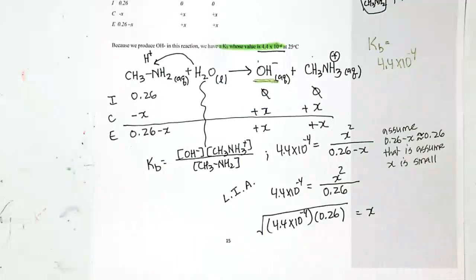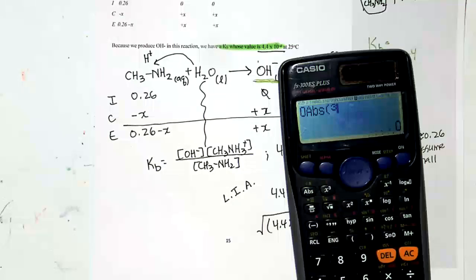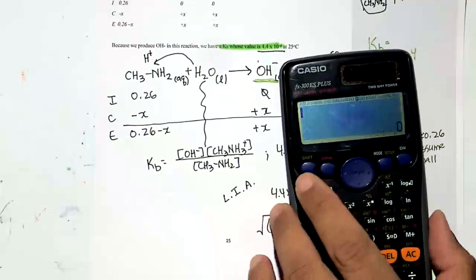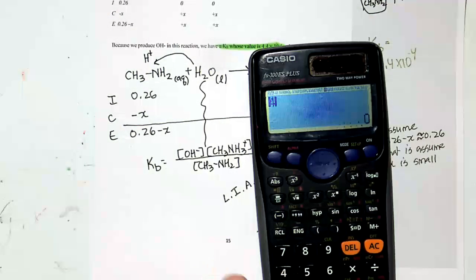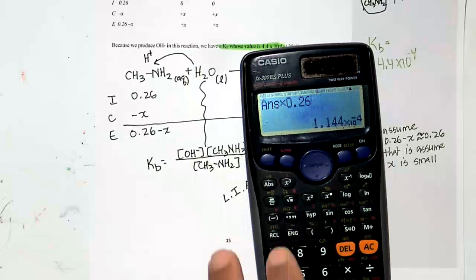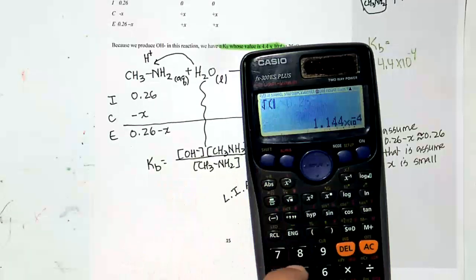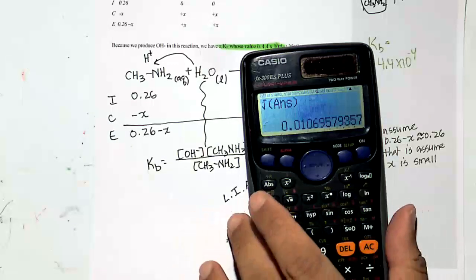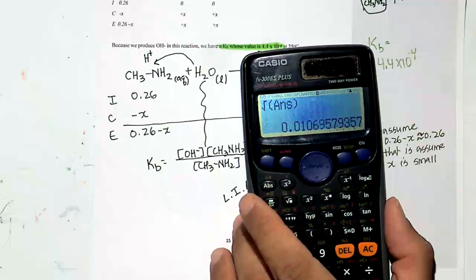And what is this on our calculator? 4.4 times 10 to the minus 4 times 0.26. We'll square root that. 0.0107, big M. Don't forget the units.